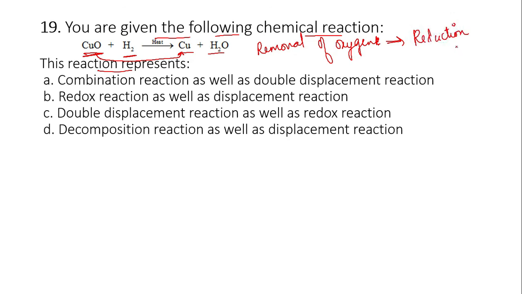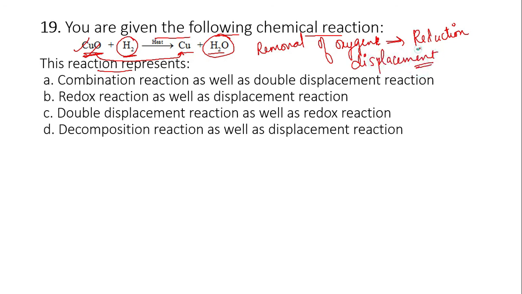Reduction reaction. And you can see that since hydrogen is more reactive than copper, it is actually displacing copper from the compound, right? So you can say it is a displacement reaction, not double displacement. It is only displacement, right?